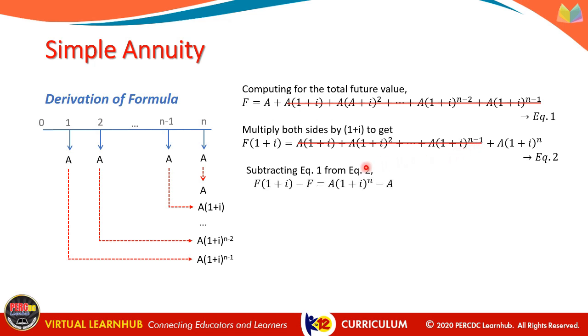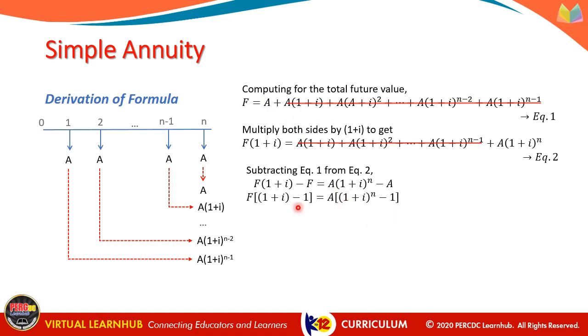So we will have F times 1 plus I, that's this one, minus F, that's this one, is equal to A times 1 plus I raised to N, this one, minus A, this one.